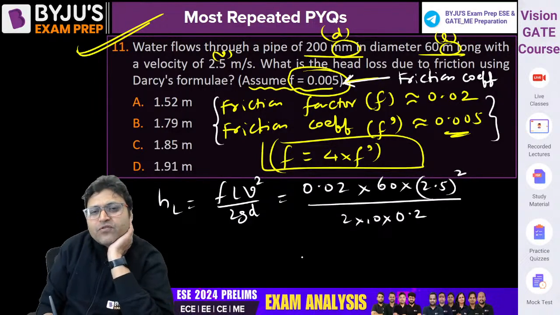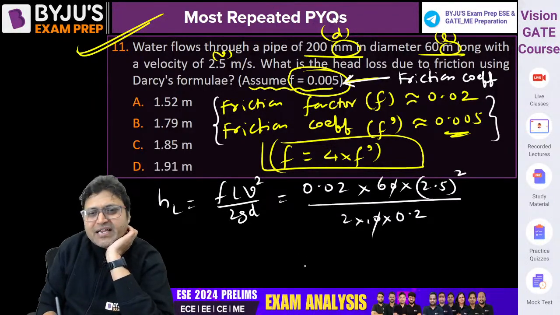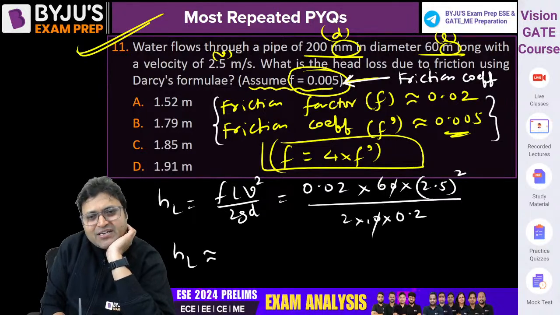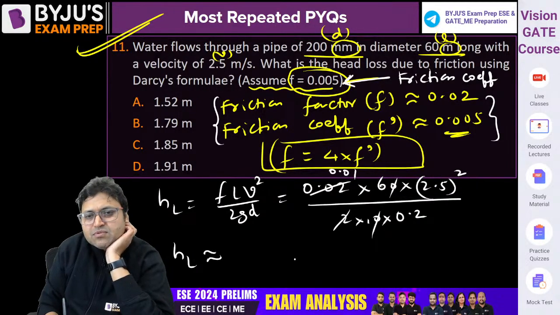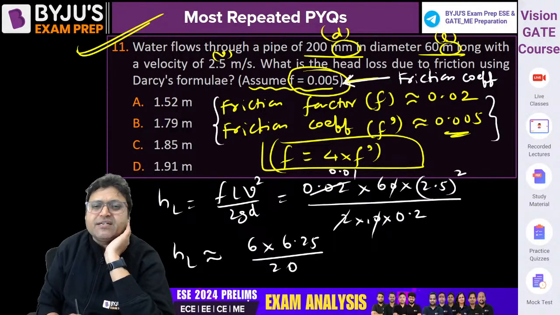So if you simplify this, this will get cancelled out. What is HL? That will give you 0.01, and that will be 6 into 6.25 by 20, isn't it?